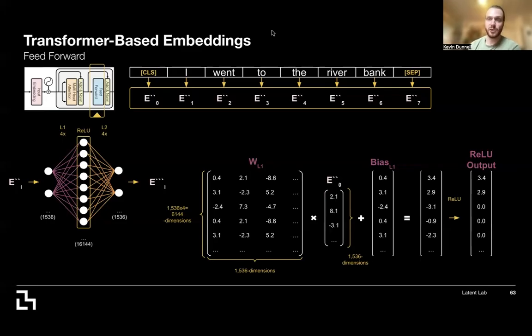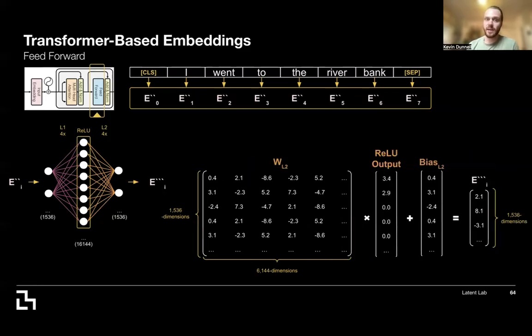And now we move to the feed forward neural network. This feed forward neural network typically consists of two linear transformations with a nonlinear activation function in between. That first linear layer expands the input dimensionality from that 1536 space, typically to 4x, so in this case, 6,144. That's then followed by a nonlinear activation function like ReLU.